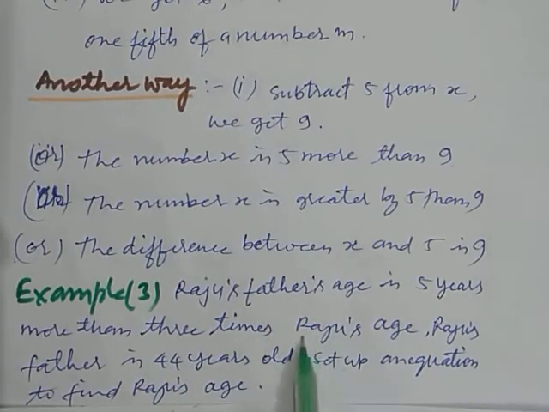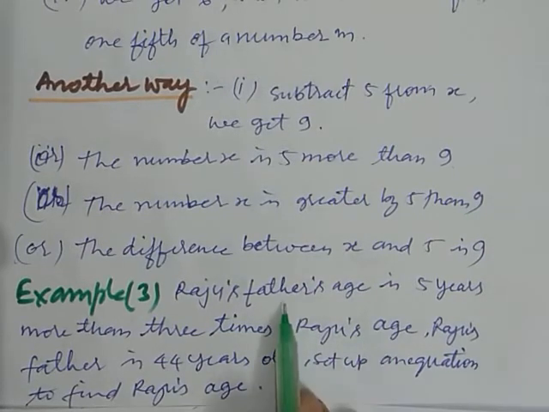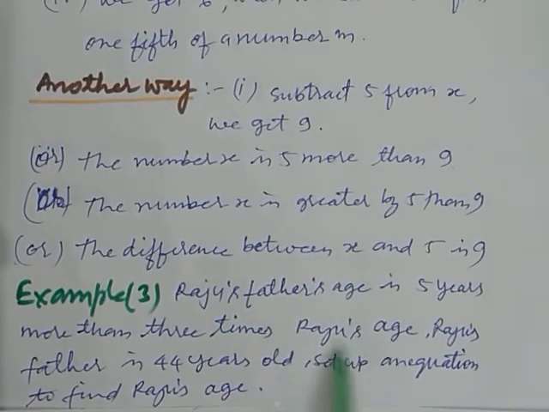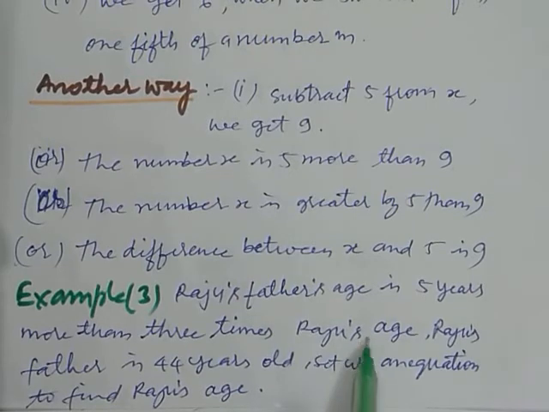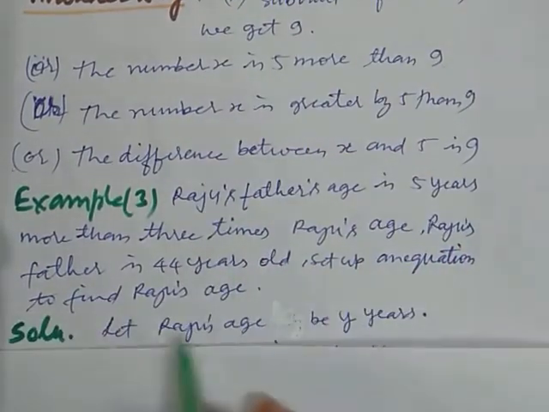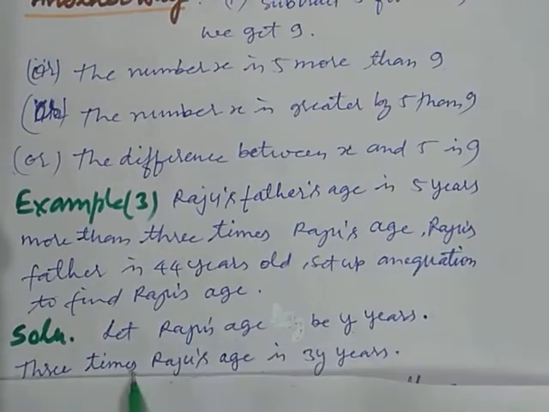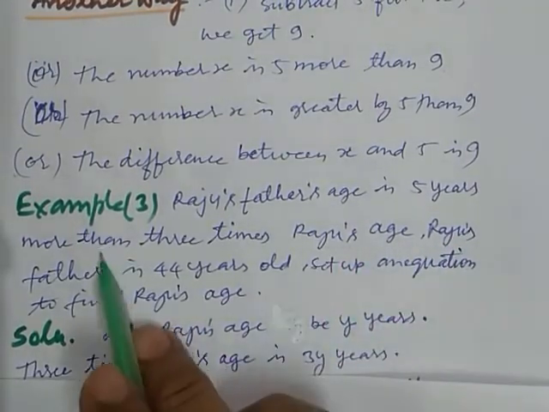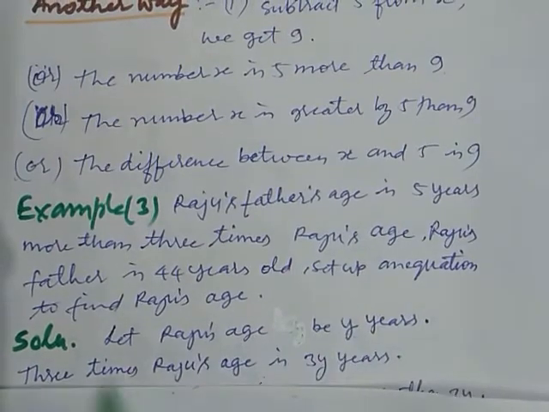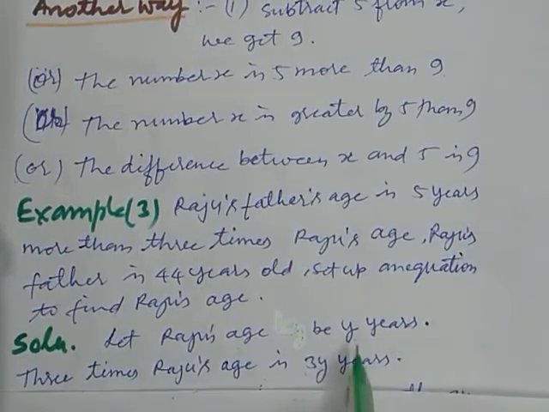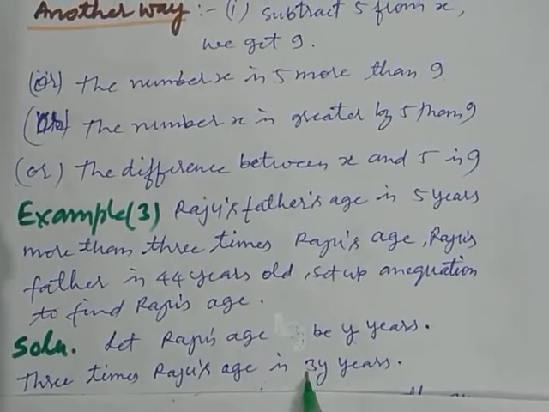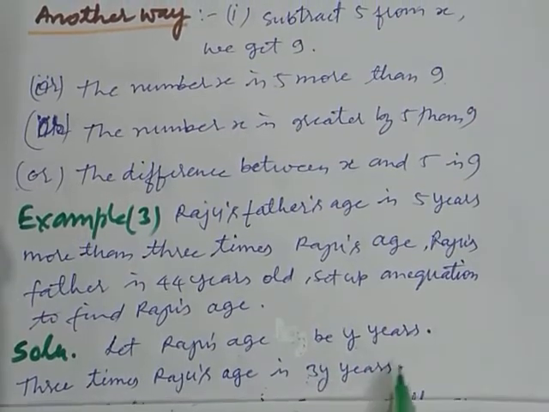Here, Raju's age is smaller than his father's. So we first assume Raju's age. Let Raju's age be y years. Then according to the condition, 3 times Raju's age is 3y. We multiply y by 3, so we get 3y.